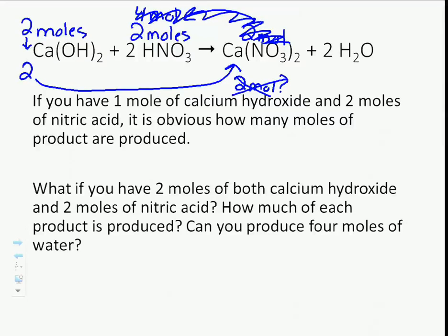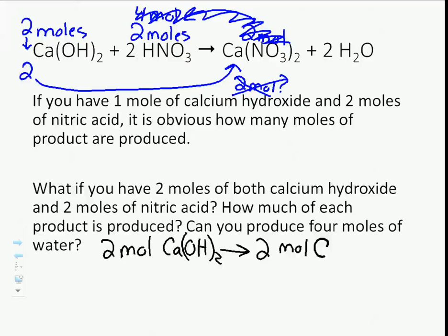Instead, we're introducing the concept of a limiting reagent. So the thought here is that 2 moles of calcium hydroxide could produce a total of 2 moles of calcium nitrate.